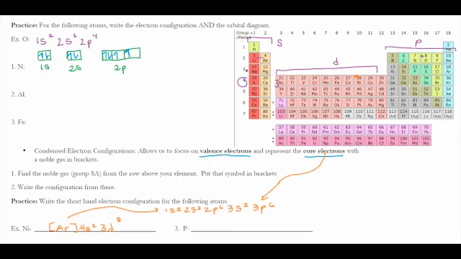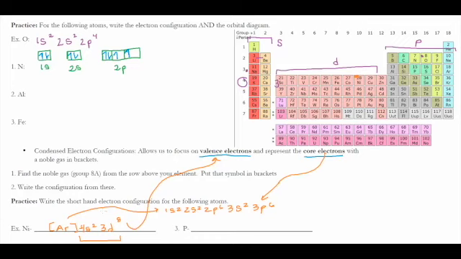However, these right here, the 2 electrons in 4s, and the 8 electrons in 3d, those will play a role when I am trying to determine what compound is going to be formed. And so that's what the shorthand electron configuration, or the condensed electron configuration, allows me to do. It allows me to focus on the valence electrons and ignore the core electrons.